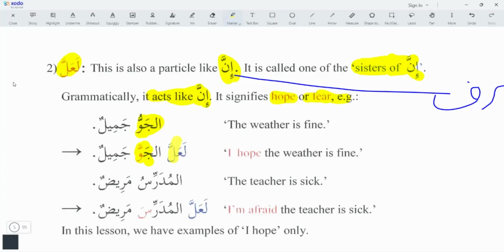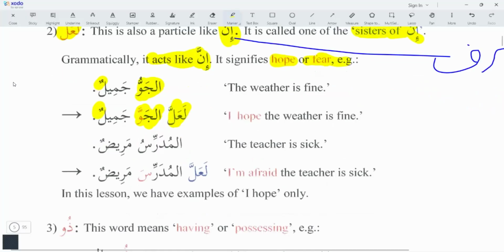After using la'alla, al-jawwu changes into al-jawwa, so it becomes mansub. And its khabar, jamilun, will remain unchanged. There is no change in it. We will translate: I hope the weather is fine.